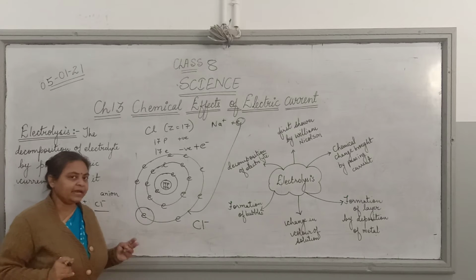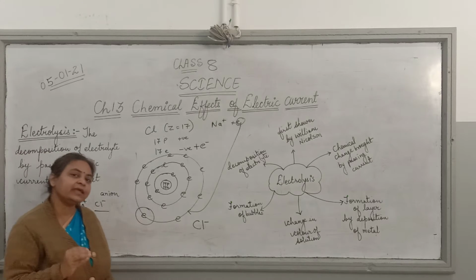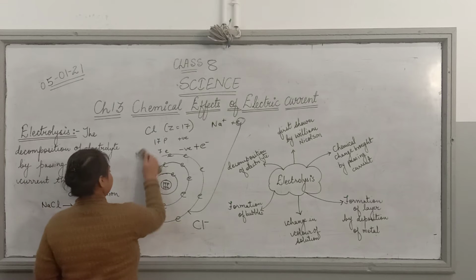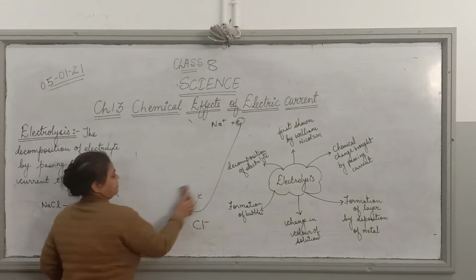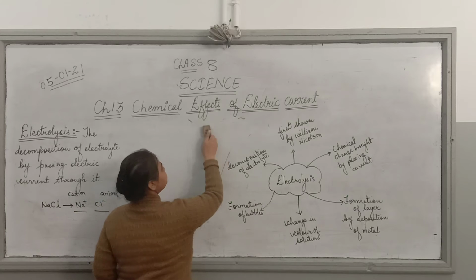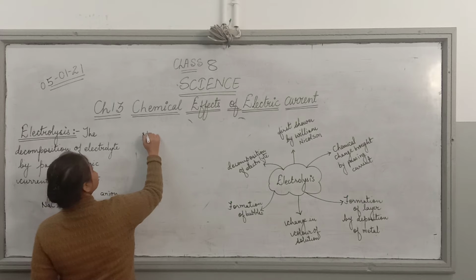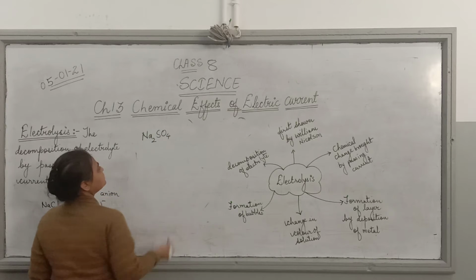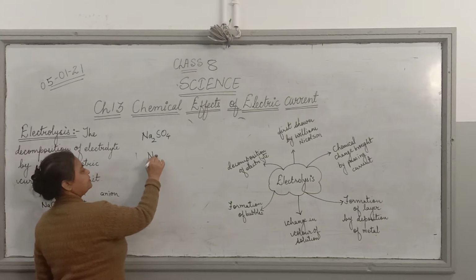Ions can be polyatomic also. Polyatomic means having more than one atom. Here 2 sodium ions are there.